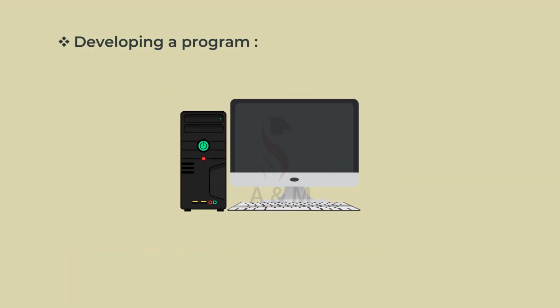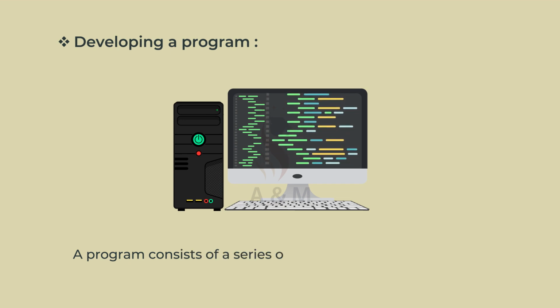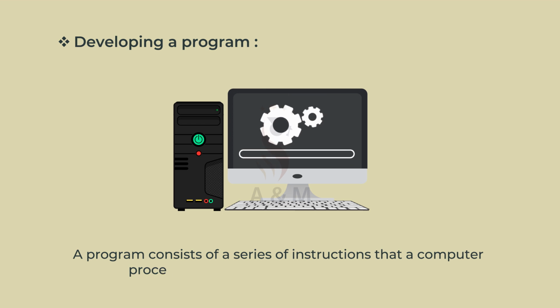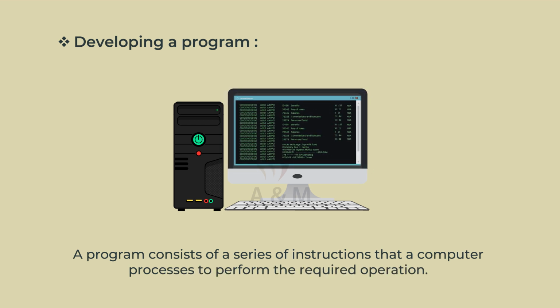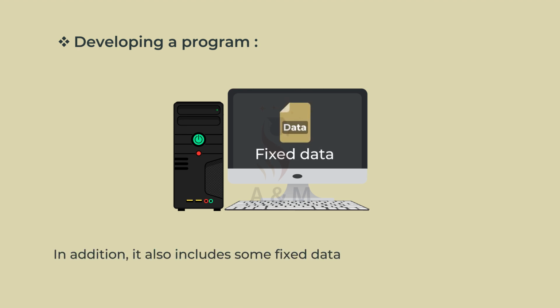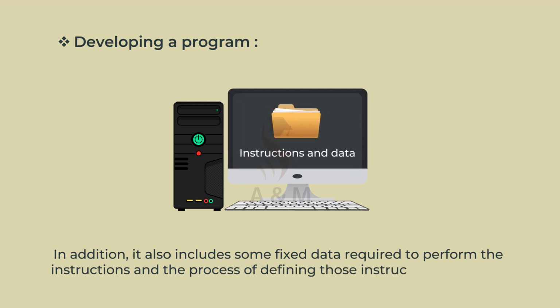Developing a program. A program consists of a series of instructions that a computer processes to perform the required operation. In addition, it also includes some fixed data required to perform the instructions, and the process of defining those instructions and data.